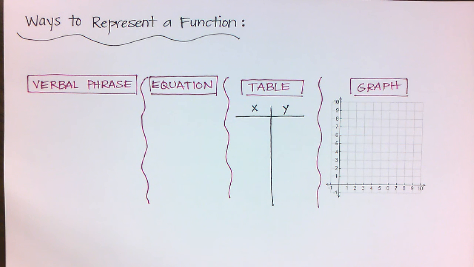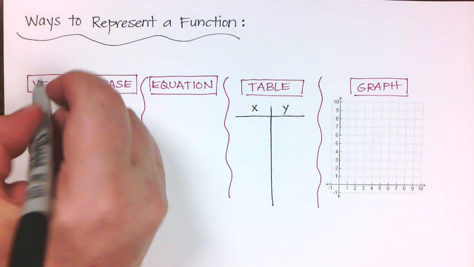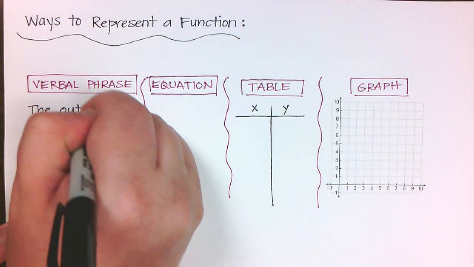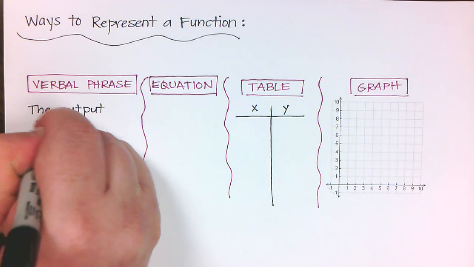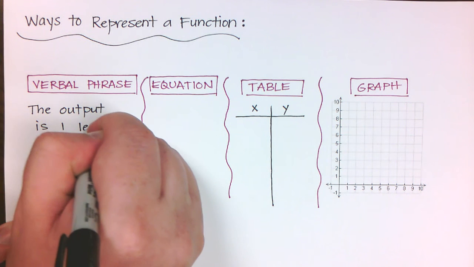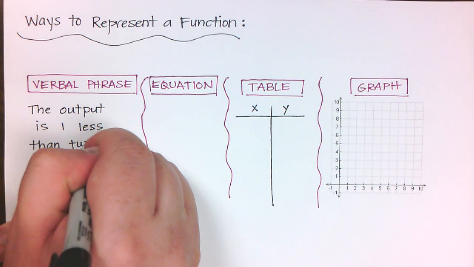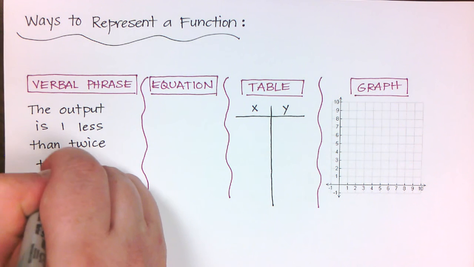So to kind of close, I just wanted to organize all of our thoughts from the last 2 lessons now of ways that we can represent a function. Okay, so sometimes a verbal phrase is going to be given that's going to represent a function. So maybe it'll say the output, this is just an example, is 1 less than twice the input.